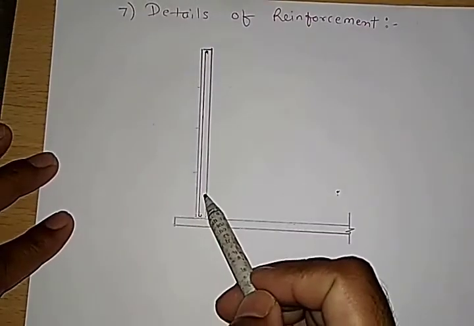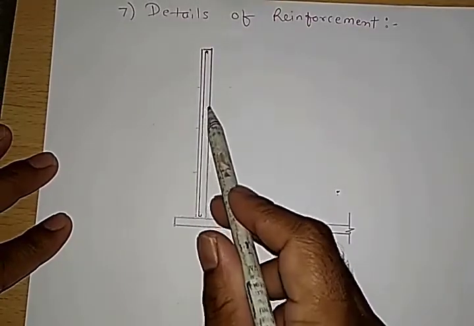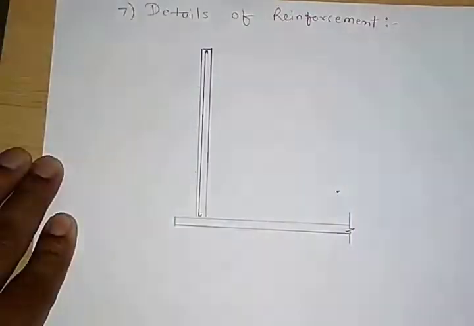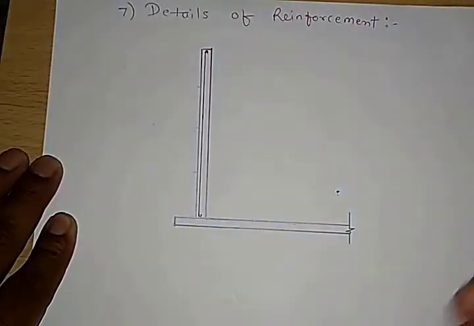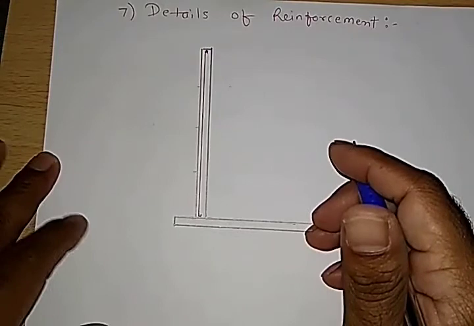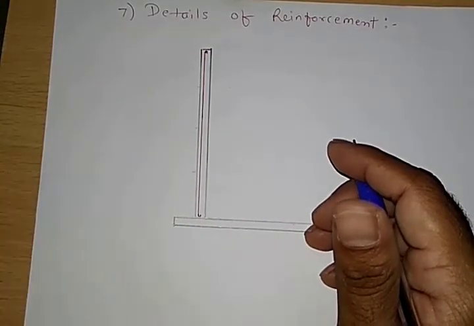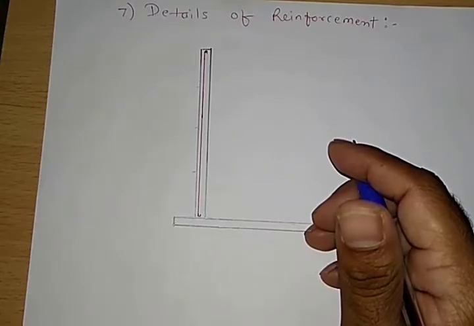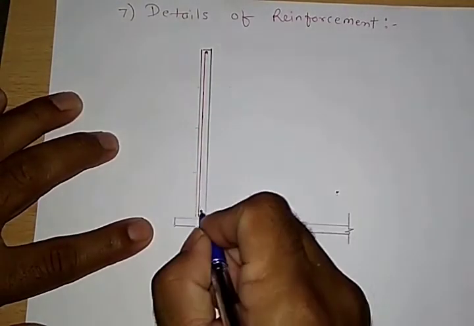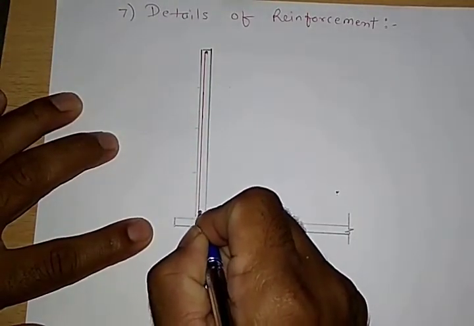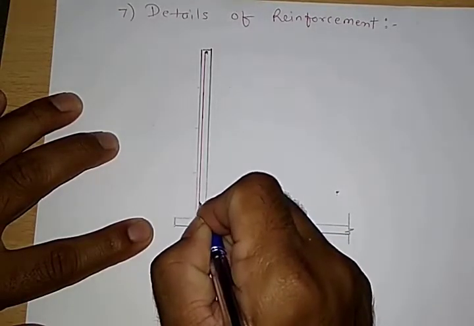Here is the first part, then second part, then third part, and then fourth part. Here we know that the first one is the 20 mm diameter, 150 mm center to center at the below. So I'll just mark it here.